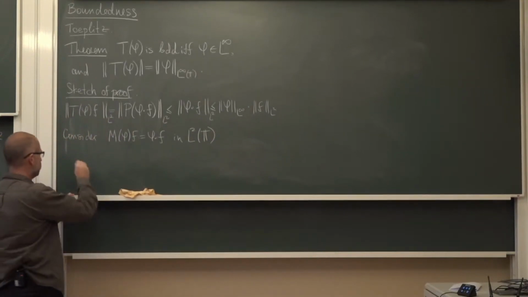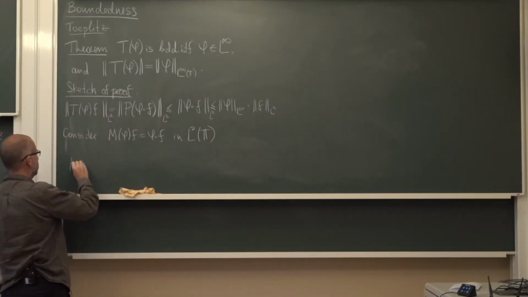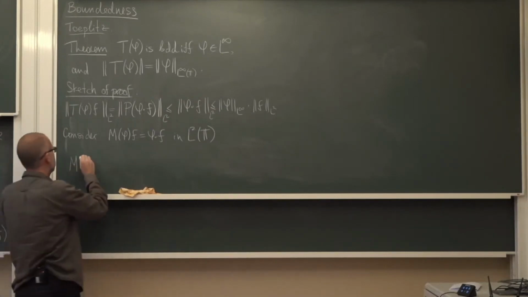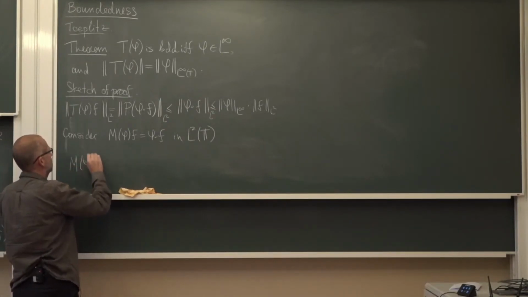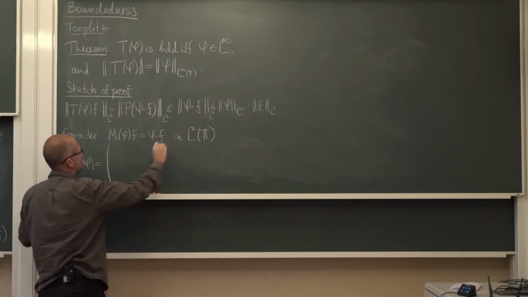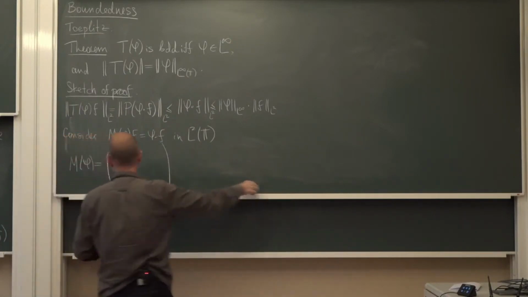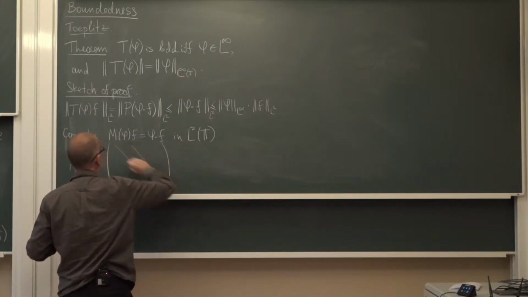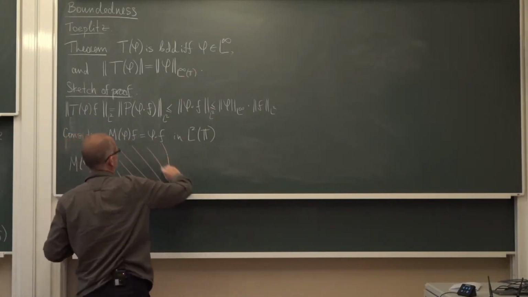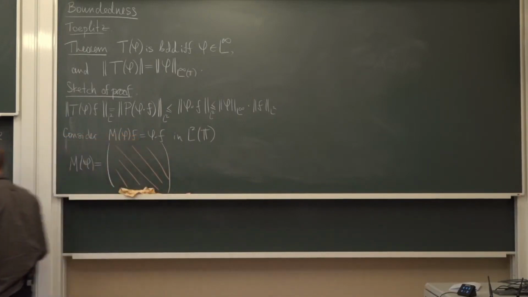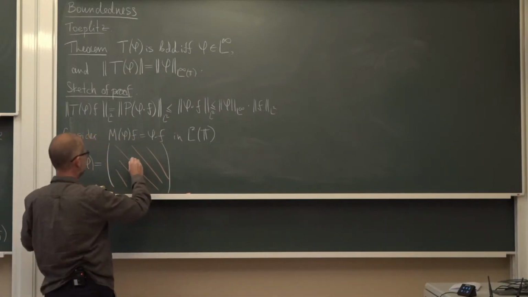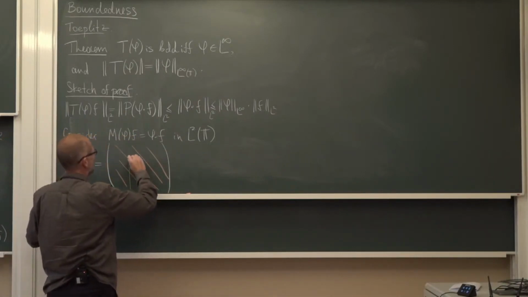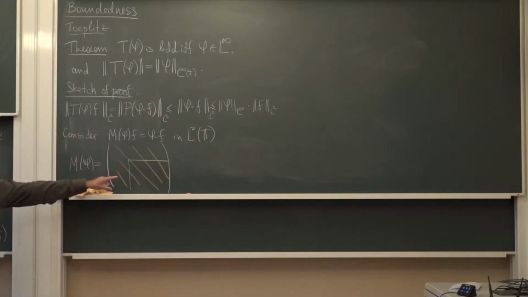Then if we write down its matrix in the canonical basis, in the basis of powers of z, we get this picture that I already had on the left board. And now the actual Toeplitz operator is this corner of this matrix.